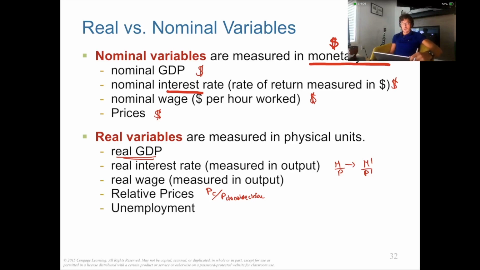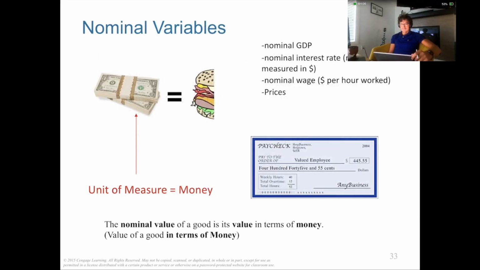Unemployment is an example of a real variable. So all of these are measured in terms of physical units. Unemployment is measured in terms of the working population. So nominal variables, for example nominal GDP, nominal interest rate, nominal wages, prices. The unit of measure is really dollars, money.